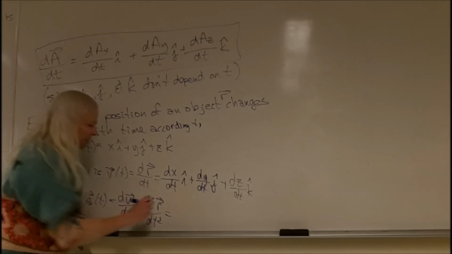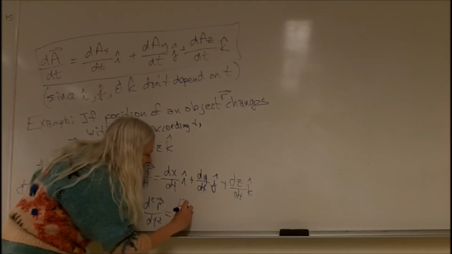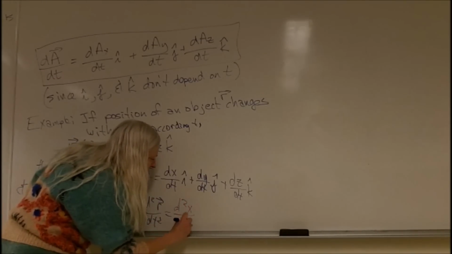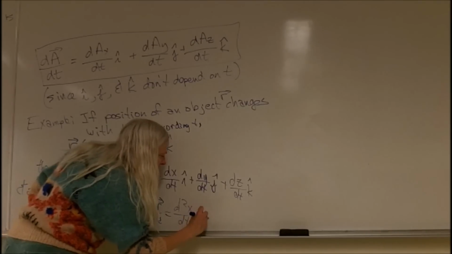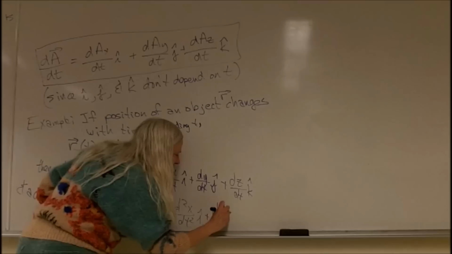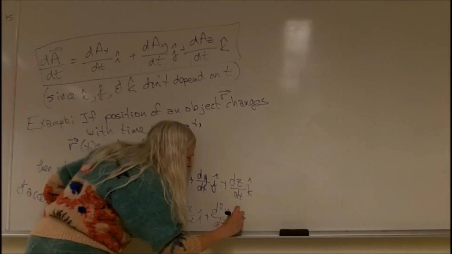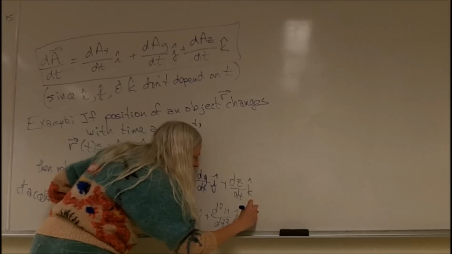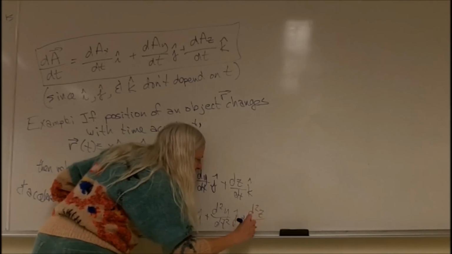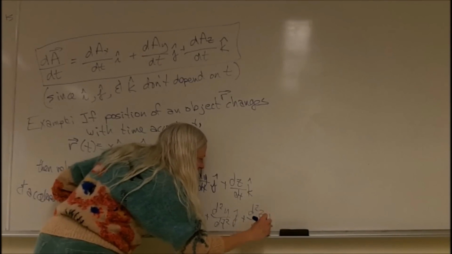So just differentiating one more time, that's the second derivative of x with respect to t times i hat, plus the second derivative of y with respect to t times j hat, plus the second derivative of z with respect to t times k hat.